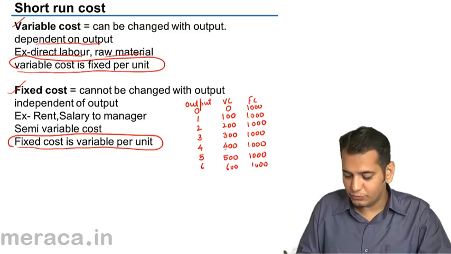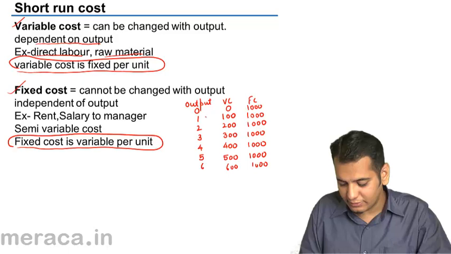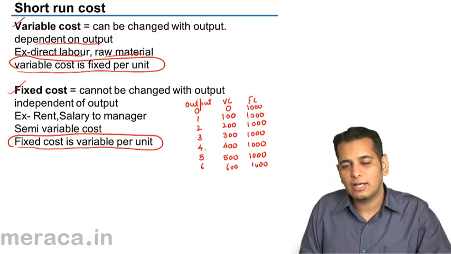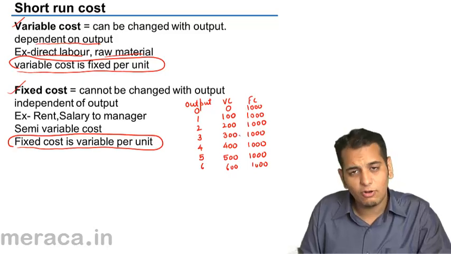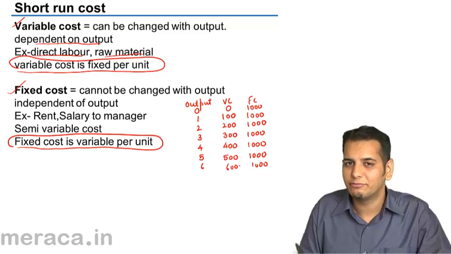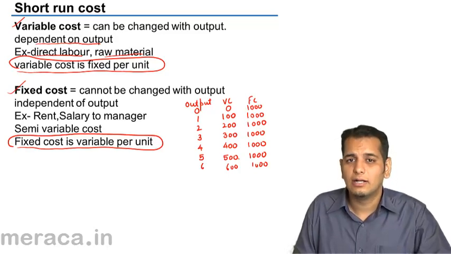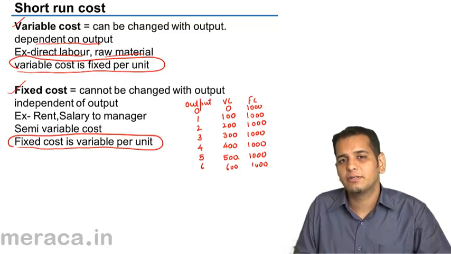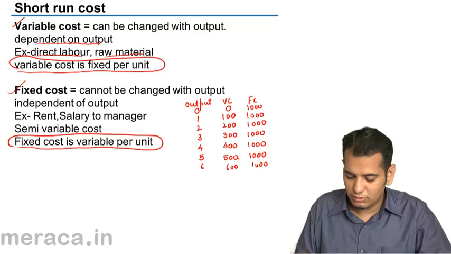Now from this you can see that as I am going on increasing the output level, the variable cost is also increasing with it, because I'll require more material, I'll require more workers in my factory, so I'll have to pay more wages, more material and more wages, that means more cost.